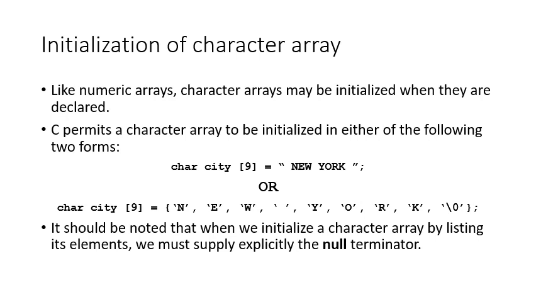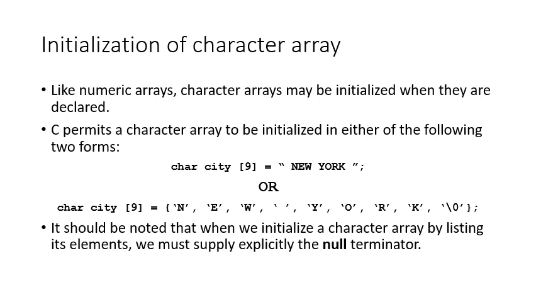So this is one way I can declare, and the second way is I can mention each and every character separately. But the difference here is when you write as one string in double quotes, you don't have to mention the null character because the system will automatically generate this null character. However, when you write individual characters, then you have to mention the last position as a null character.